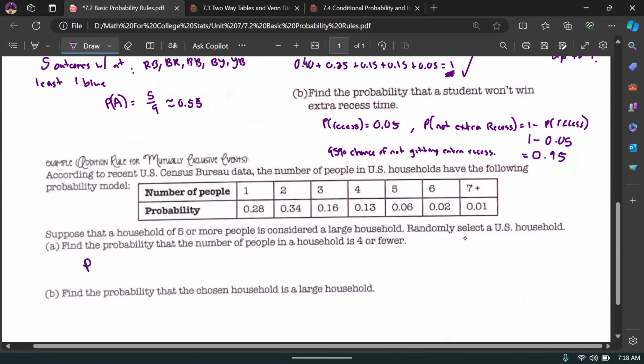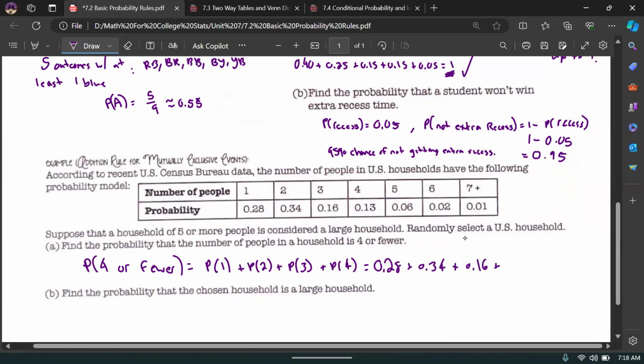So the probability of 4 or fewer is going to be equal to the probability of 1 plus the probability of 2 plus the probability of 3 plus the probability of 4, right? 4 or fewer is obviously all of these added together. So in this case, 0.28 plus 0.34 plus 0.16 plus 0.13, which is equal to 0.91.